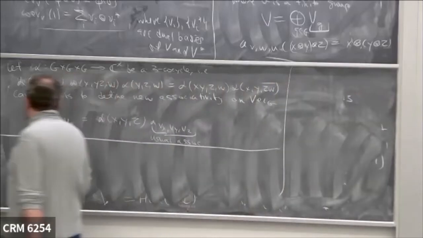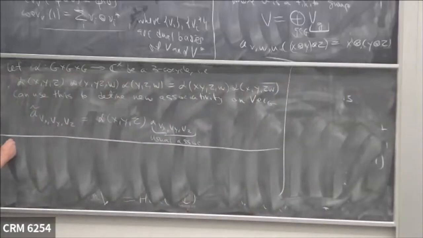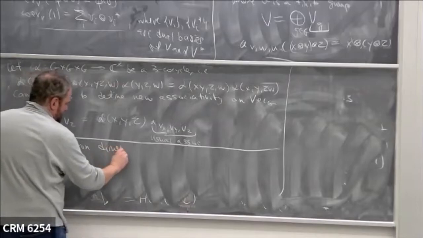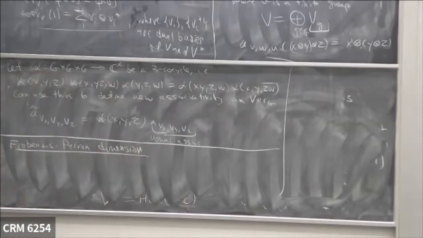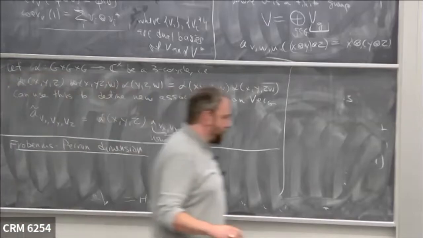There are various notions of dimensions, and the one I will introduce is called the Frobenius dimension. I might need other dimensions later on, and I'll introduce them as needed.